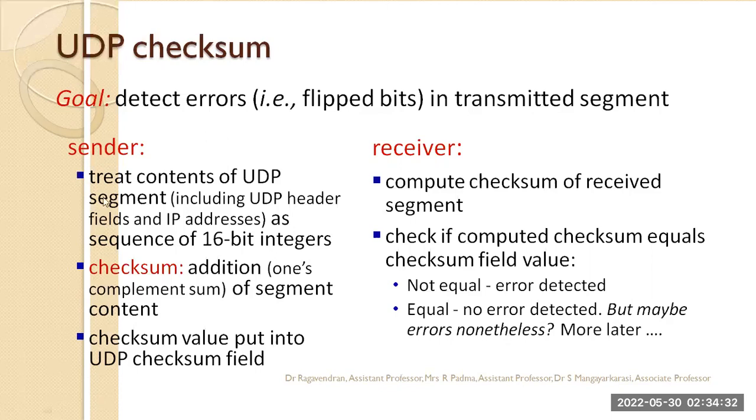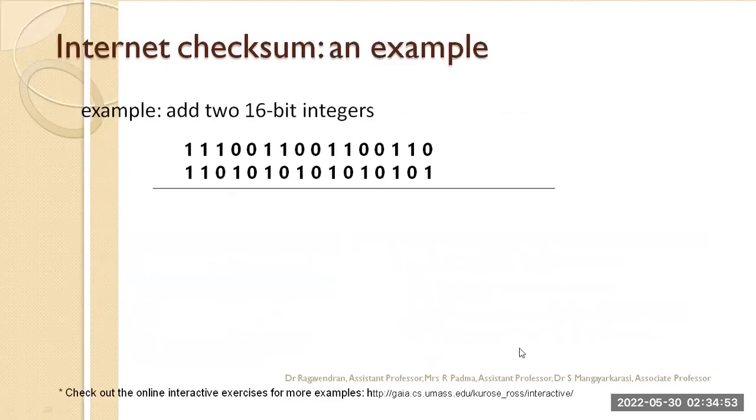The receiver computes the checksum of the received segment and checks if the computed checksum equals the checksum field value. If equal, no error is detected; if not equal, an error is detected.